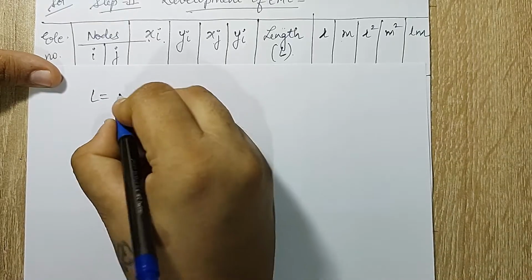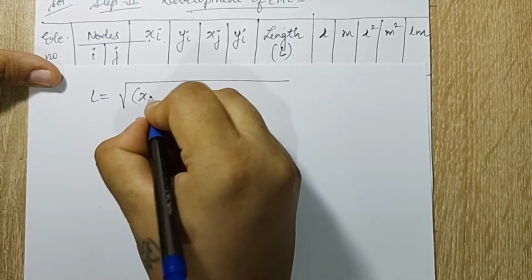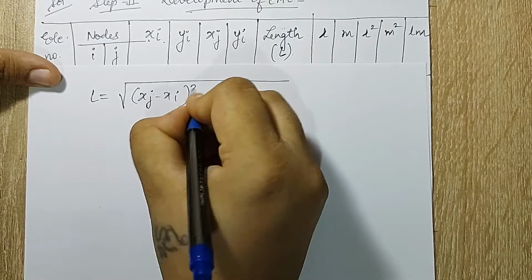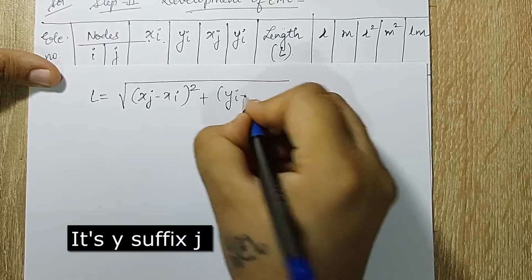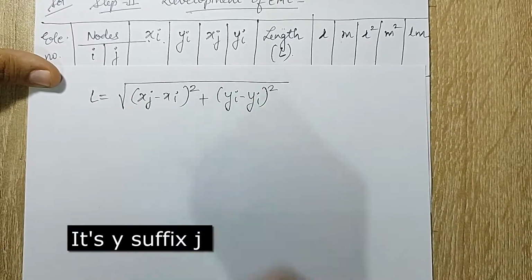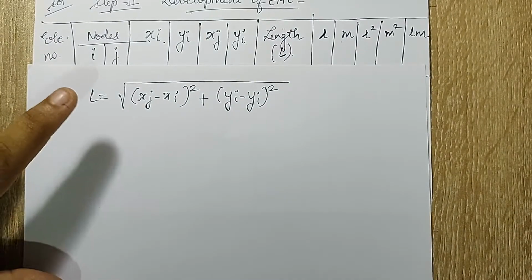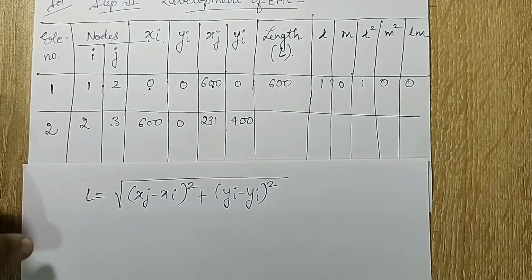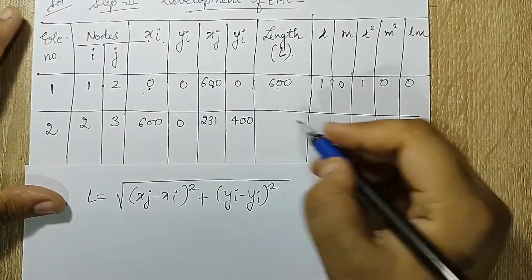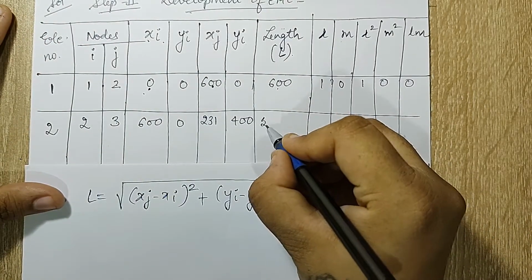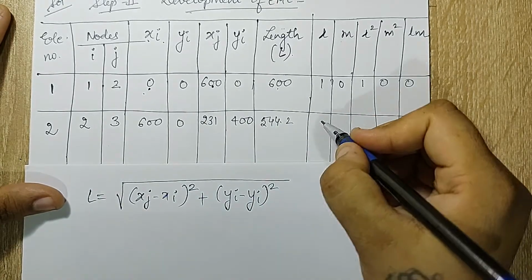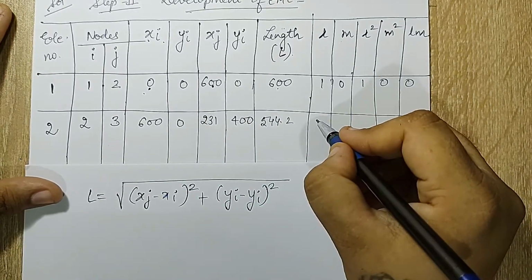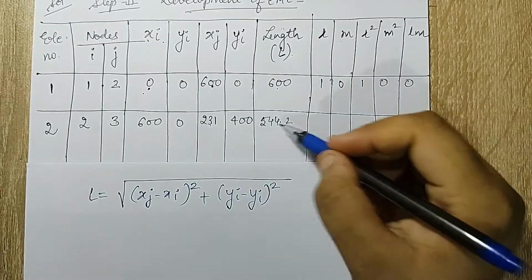This formula you have already studied in mathematics, which is xj minus xi the whole square plus yj minus yi the whole square is equal to length square. So when you substitute in this formula, you will get the value of L for elements 2 and 3. So if I substitute, I get this value as 544.2. This l value is xj minus xi upon L.